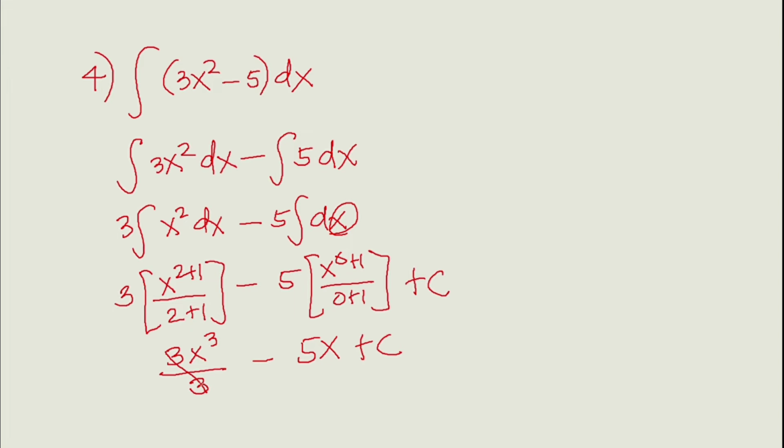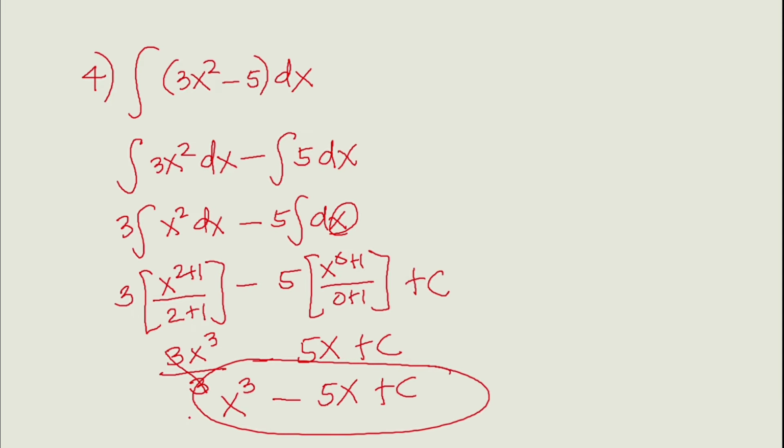So cancel this part. We have here x cubed minus 5x plus c. So this is the final answer or the general answer for this integration. Okay, so that's number 4.